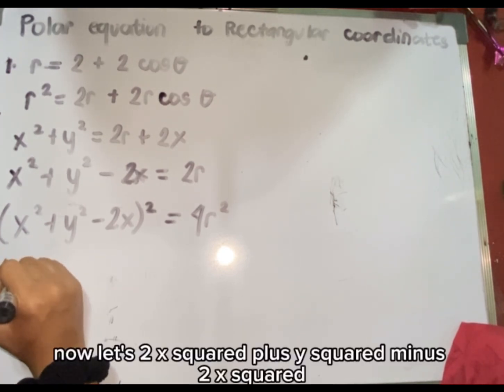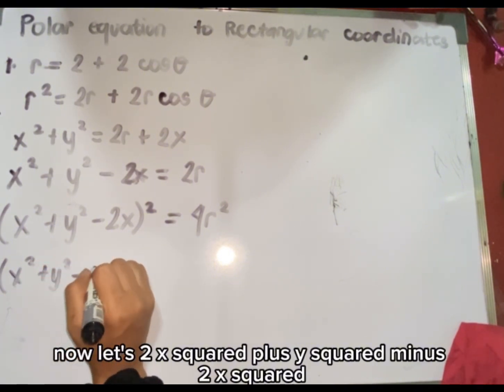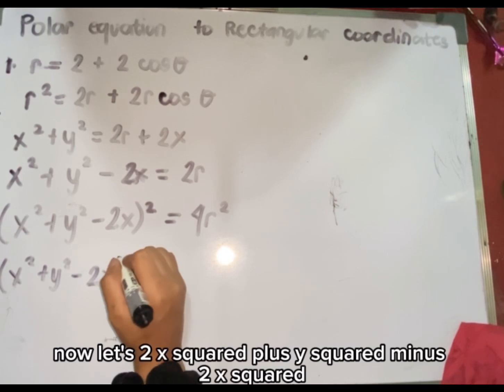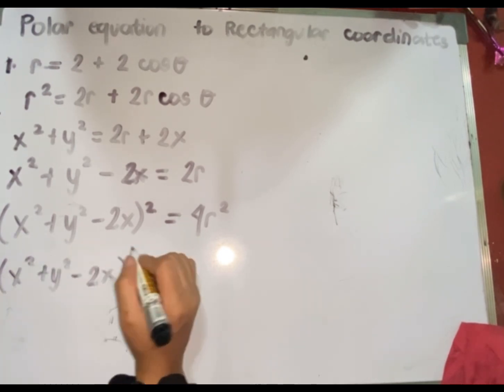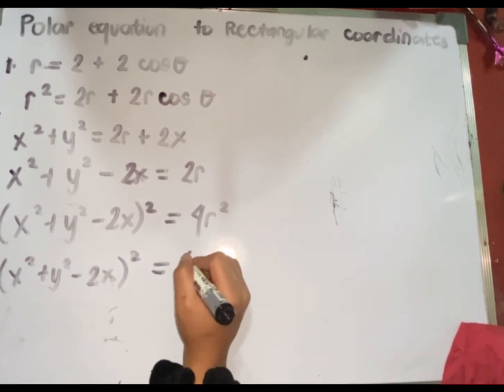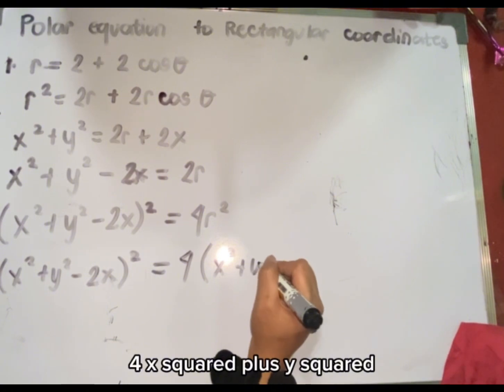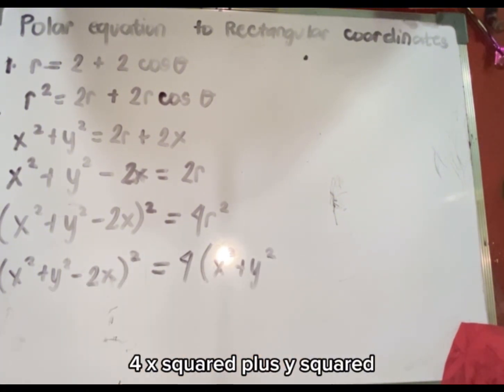Now, x squared plus y squared minus 2x, squared, equals 4 times x squared plus y squared.